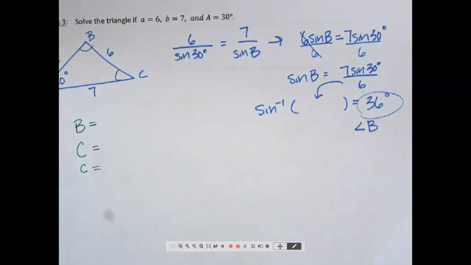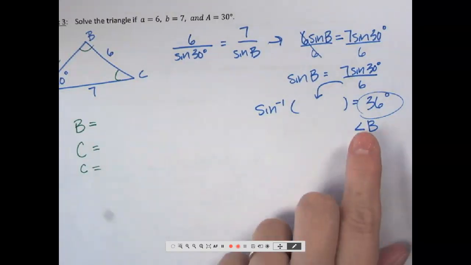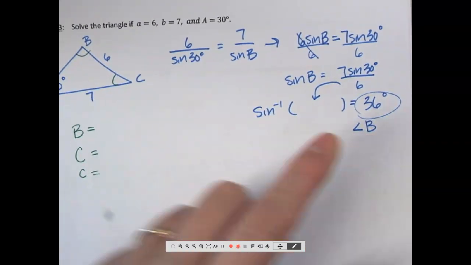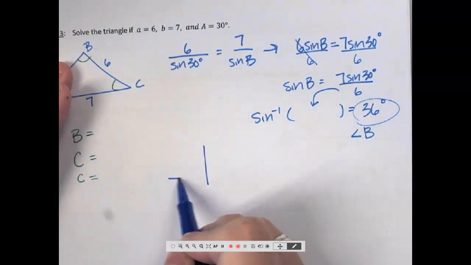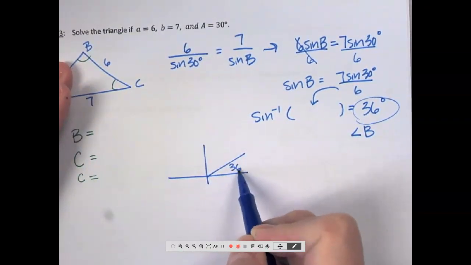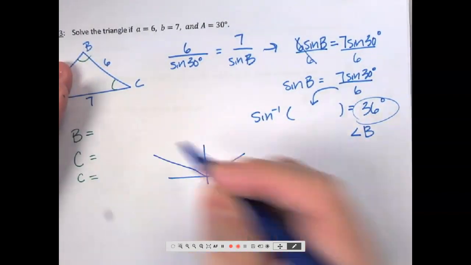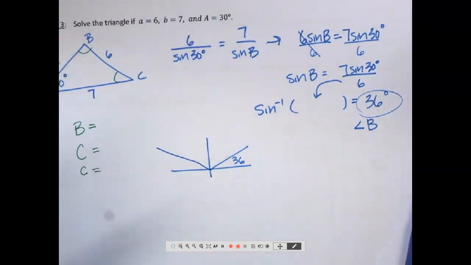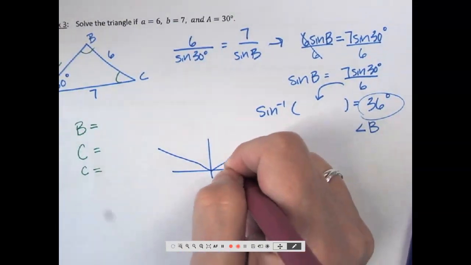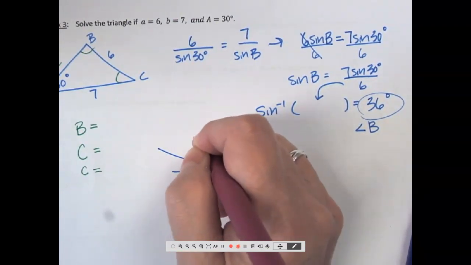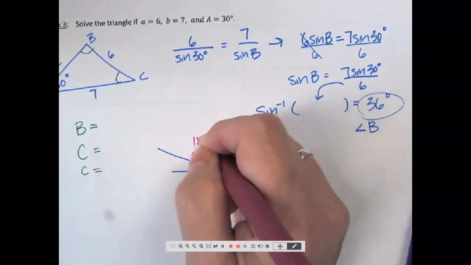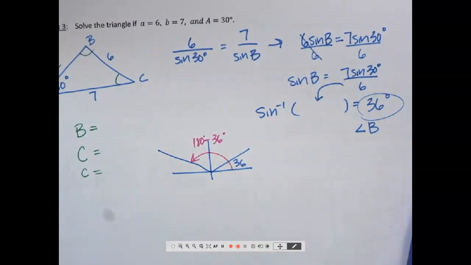Okay, so this is where we decide if there are two. And I'll show you why I didn't do that on the previous one. Okay, so I take 36 degrees. The calculator identified 36, but then there's this corresponding angle over here that is 180 minus 36 that would have the same sine value.